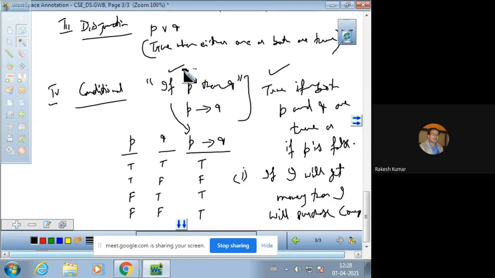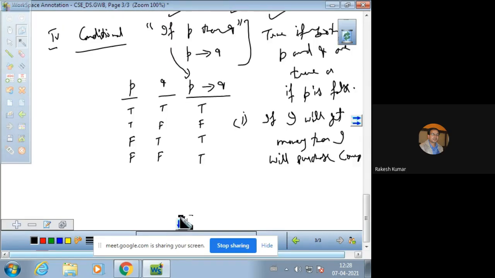If P, what is P? I'll get money. Then Q, I'll purchase computer. Q is I'll purchase computer and P is I'll get money. So if P then Q. So अगर P exist करेगा तभी Q true होएगा. अगर मनी नहीं होएगा तो कंप्यूटर परचेज नहीं कर पाएंगे. This is what they are saying.